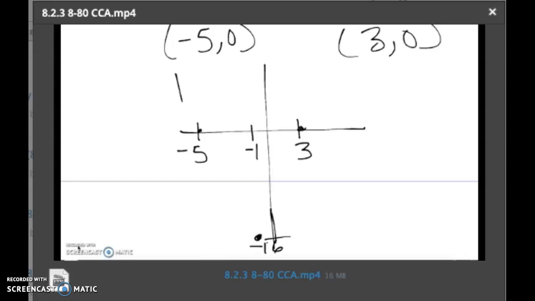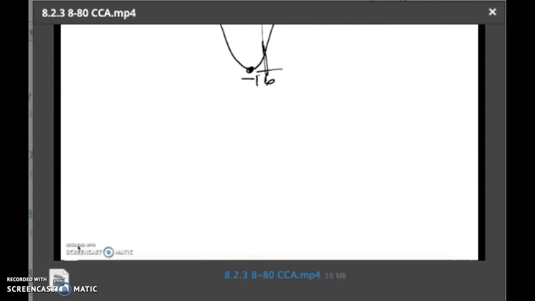Then I can connect those, just drawing my sketch. We were able to make that parabola because we have our two x-intercepts and we have our vertex. Now we're going to go through the same problem and see how we can find our x-intercepts another way.